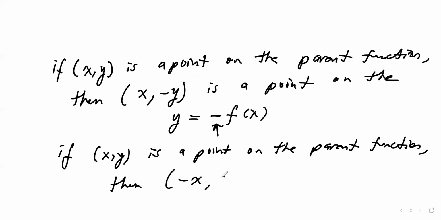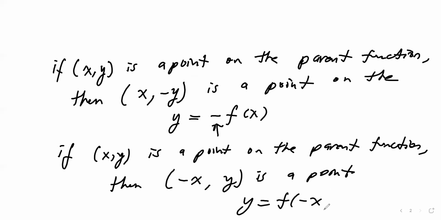So it's going to be (negative x, y), and this is a point on this function, y equals f of negative x. So the sign of x is changing in this case. Okay, so let's look at some examples. First example: let's say f of x equals negative x squared.